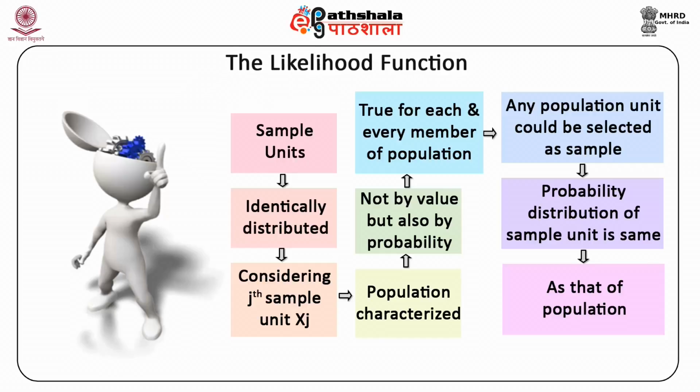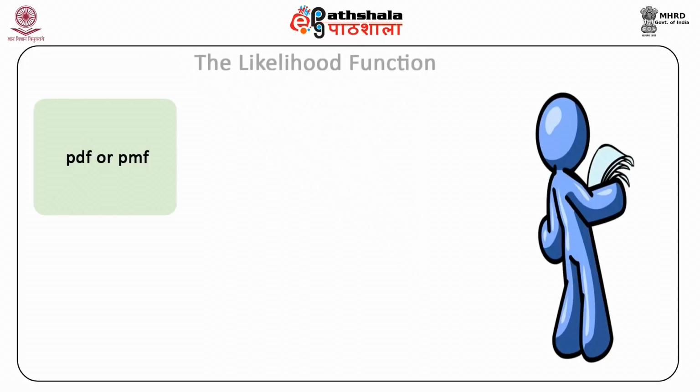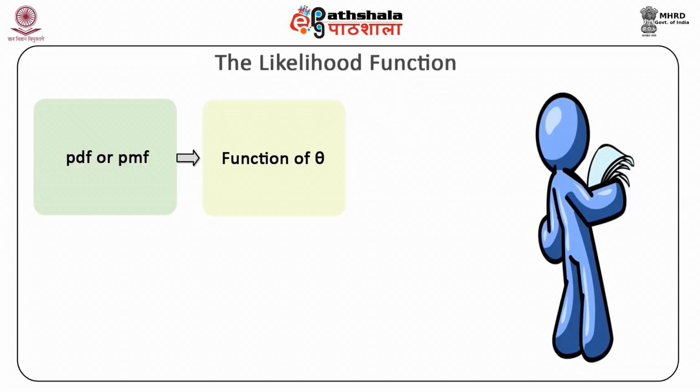What is true of the jth sample unit is similarly true of all the other sample units. That means all sample units are identically distributed. The population probability distribution, which means the PMF or the PDF, is a function of the unknown parameter theta.